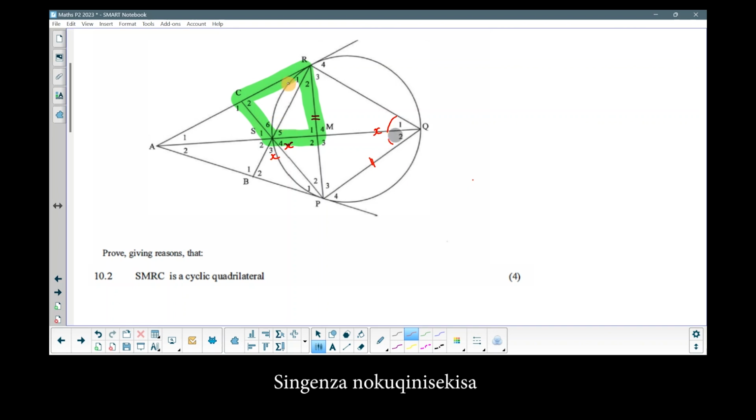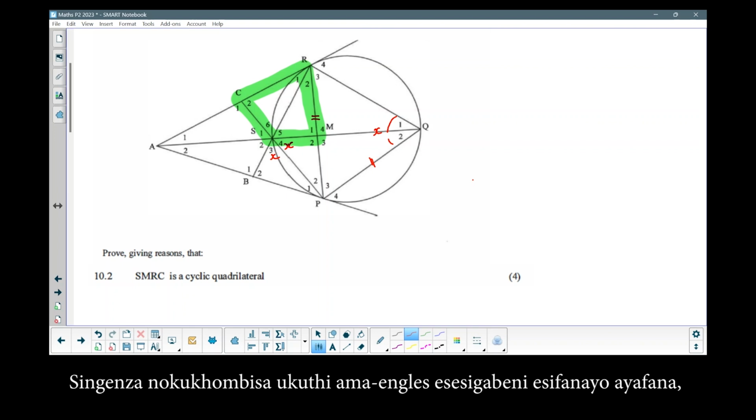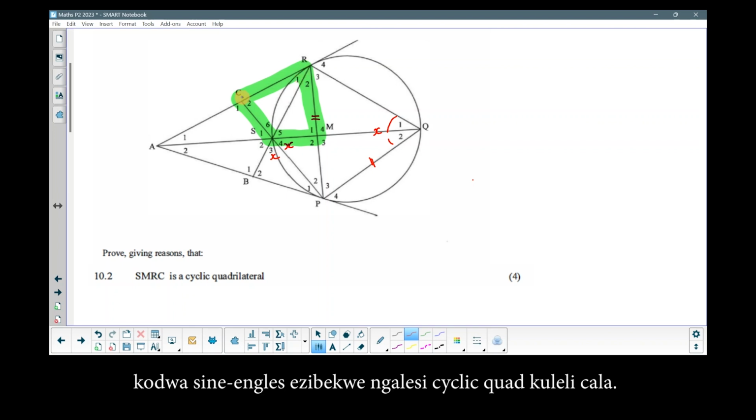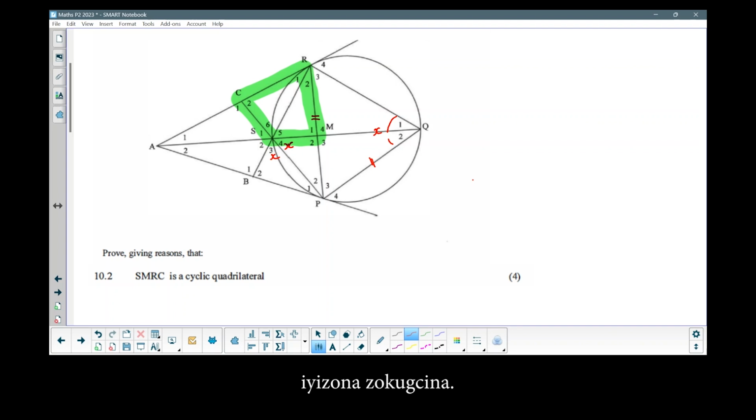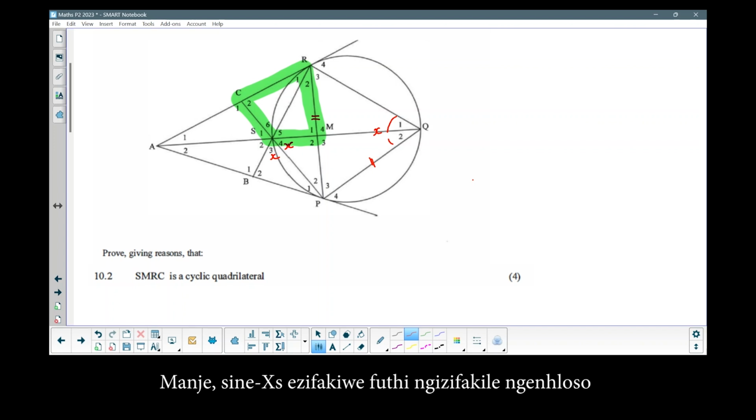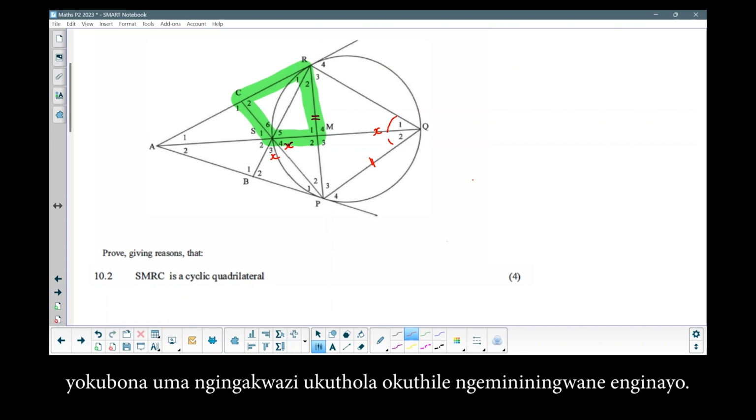We can prove that the exterior angle of the cyclic quad is equal to the interior opposite angle, or we can show that the angles in the same segment are equal. But we don't have angles being subtended by the same chord in this particular case. So it's either opposite angles are supplementary, or the exterior angle of a cyclic quad is equal to the interior opposite. Now we have some X's filled in, and I filled that in on purpose, and I want to see if I can deduce anything using the information I have.